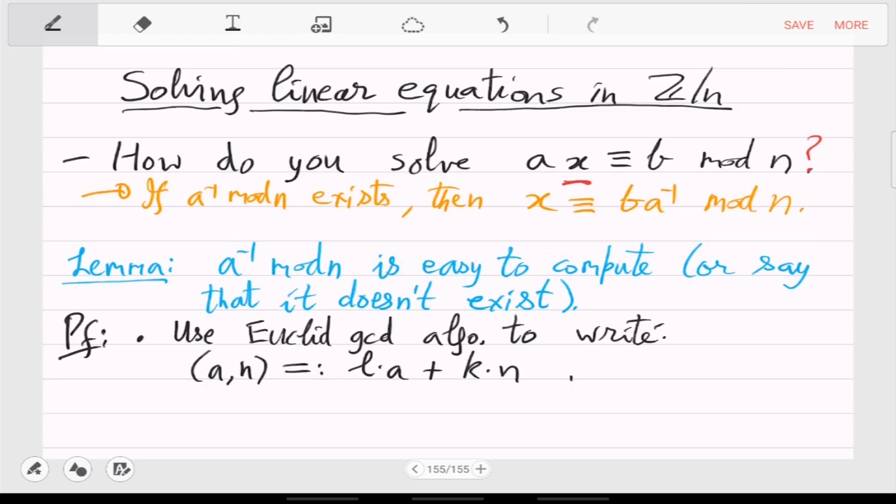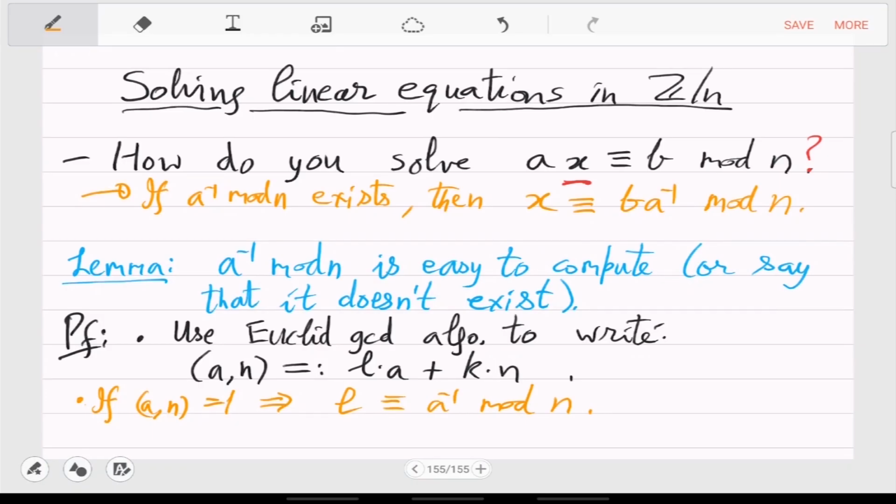L, right? So if the GCD is 1, then it means that L can be taken as A inverse mod n. The reason is that L times A mod n is 1, right?